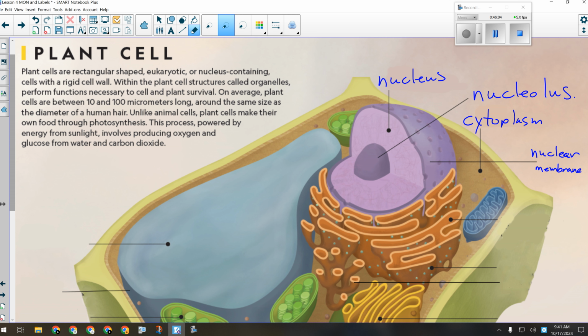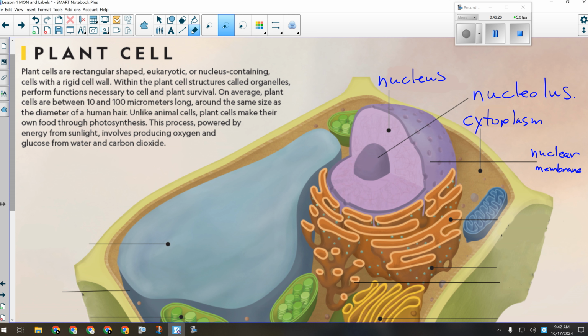Diffusion occurs better in fluids, like water, than it does through air. Diffusion can still happen through air. If somebody were to fart in here, everyone would experience it because it would diffuse through the air and get to everyone. But in this case, fluid is better because fluid will hold up the organelles.